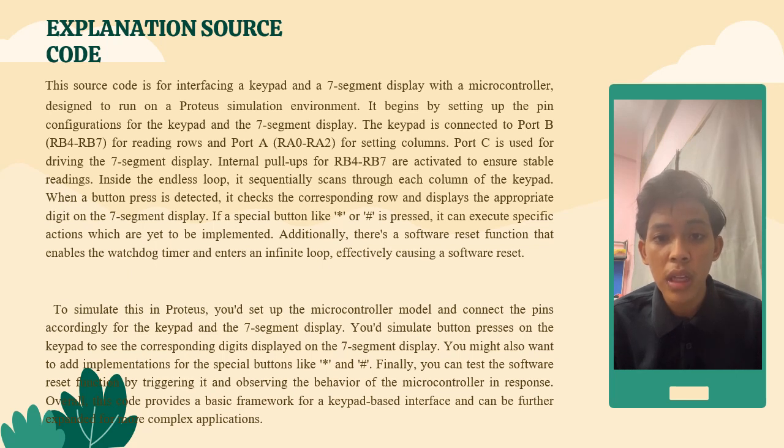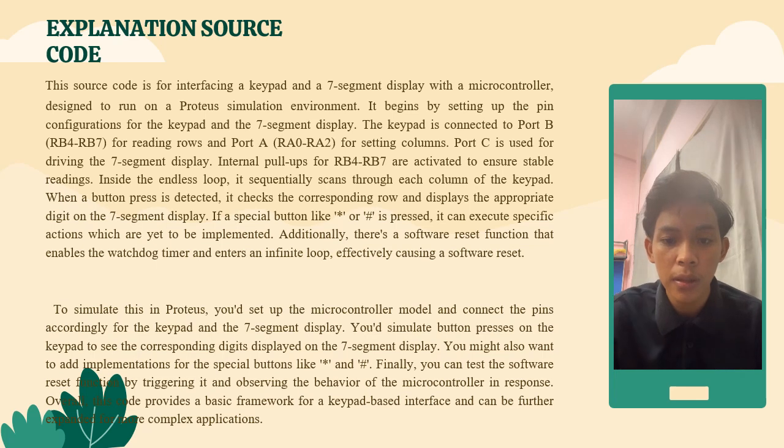Finally, you can test the software reset function by triggering it and observing the behavior of the microcontroller in response. Overall, this code provides a basic framework for a keypad-based interface and can be further expanded for more complex applications.